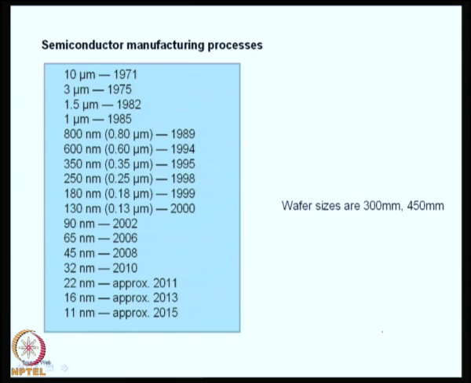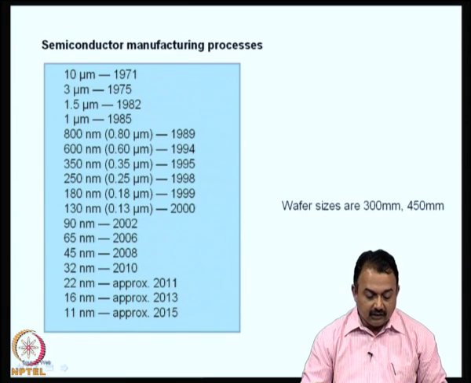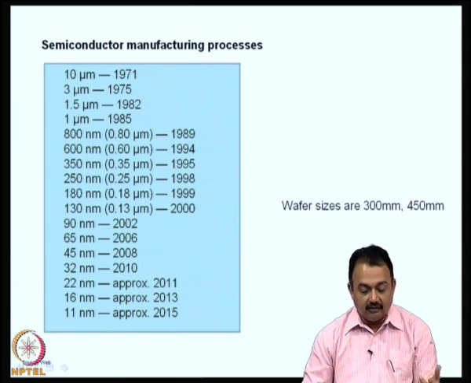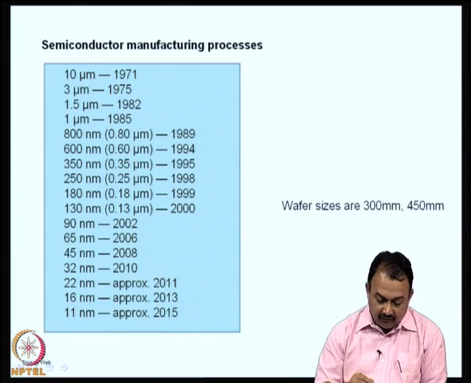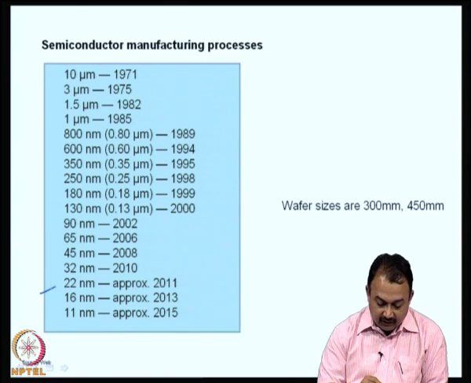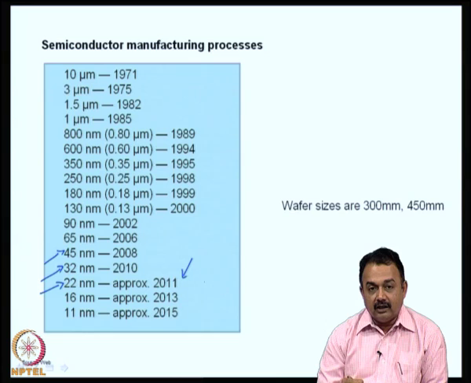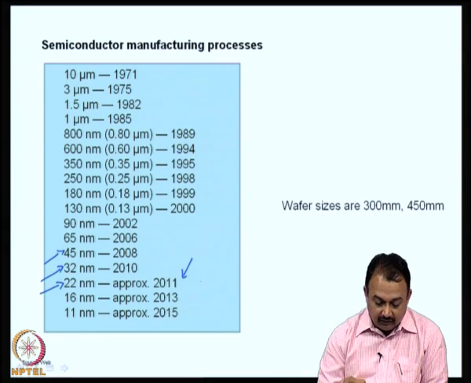Now, the semiconductor manufacturing process started, if you look at the chronology or the history, today we are comfortably sitting at 22 nanometers. Our earlier generation technologies are 32 and 45. This is still not in the large scale manufacturing, but at the research level.